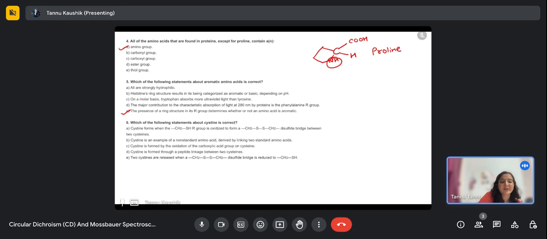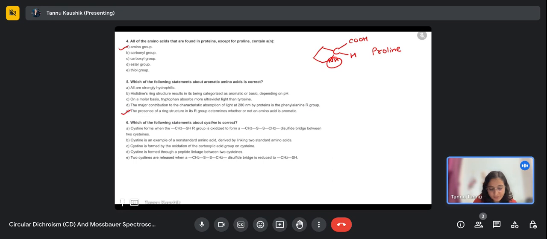Okay, and whether the molecule absorbs in UV region or at a particular wavelength, that is not going to define a category of amino acids, that is aromatic, aliphatic, acidic, basic, etc. Is it clear? Clear, ma'am. Okay. So the next question is, which of the following statements about cysteine is correct?